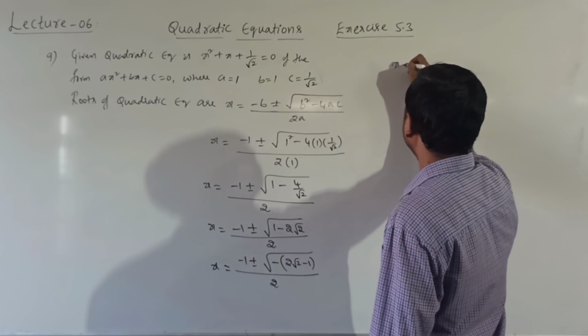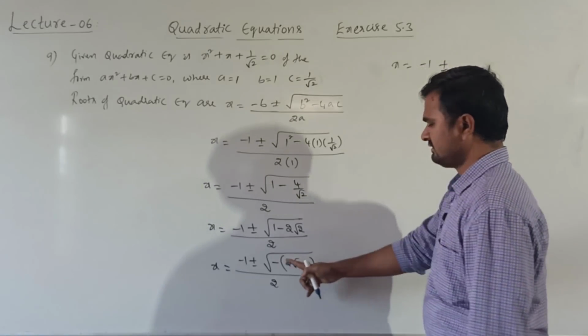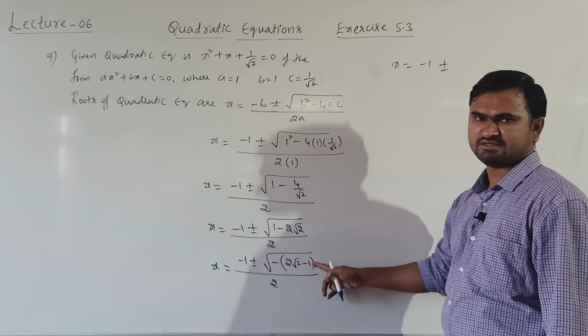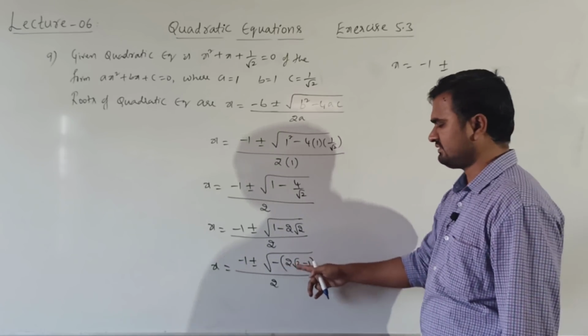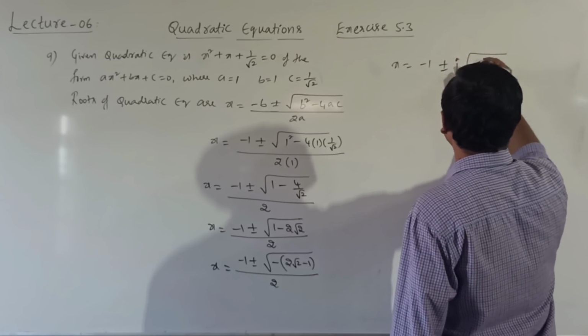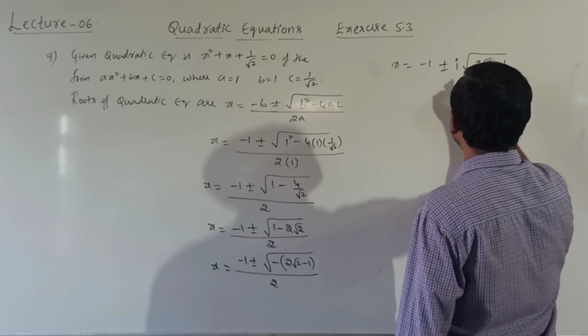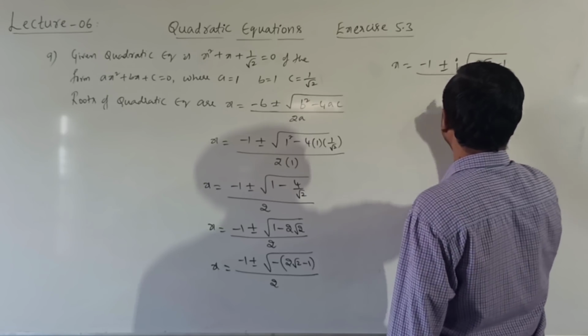So x value I can write minus 1 plus or minus, so it is like minus some value. Minus some value means it is i root of that value. So i root 2 root 2 minus 1 divided by 2.